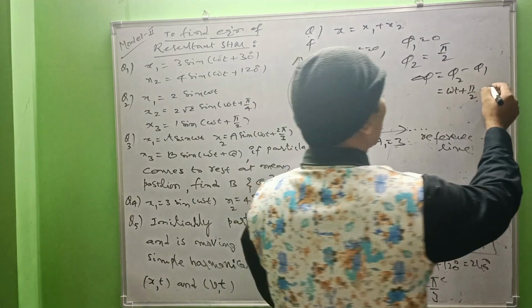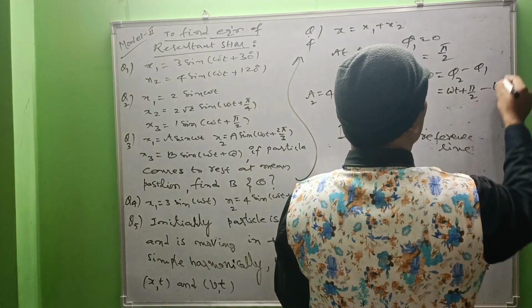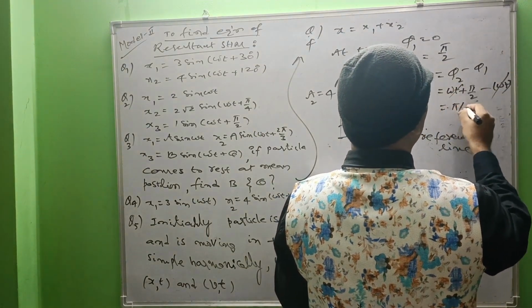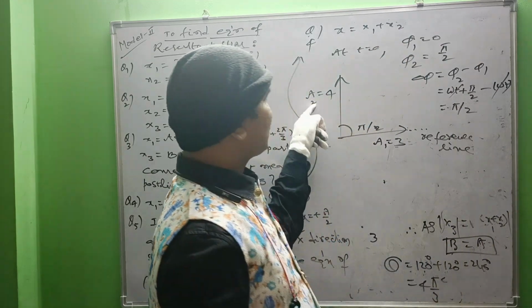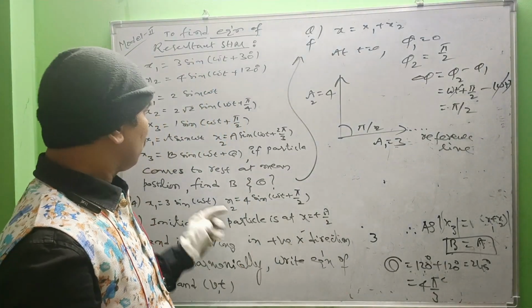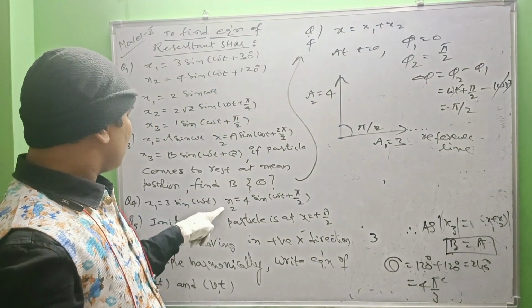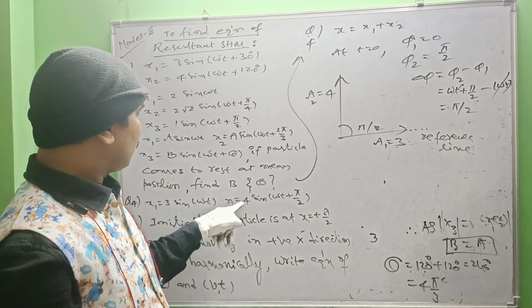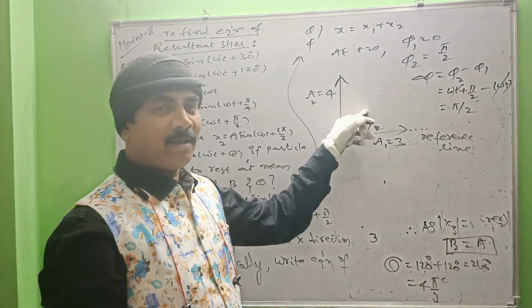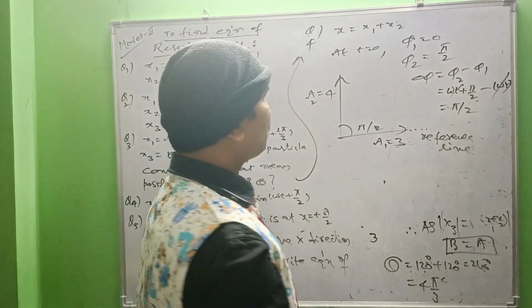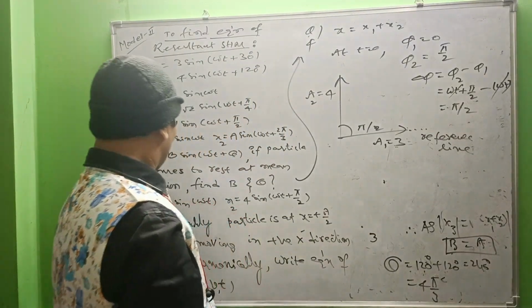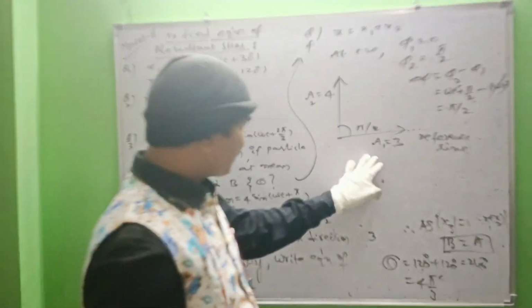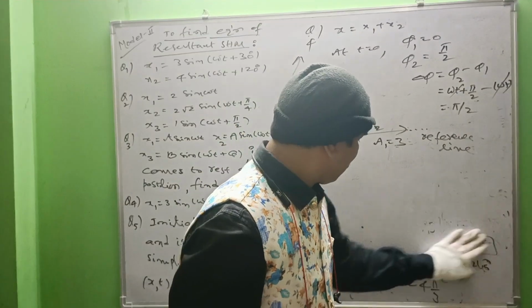So omega t cancels and we are left with pi by 2. So the second oscillation is ahead of the first oscillation by a phase angle of pi by 2, initially.